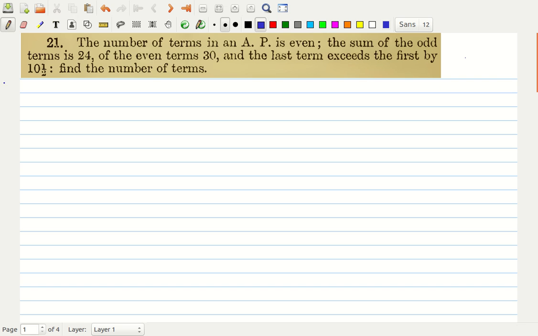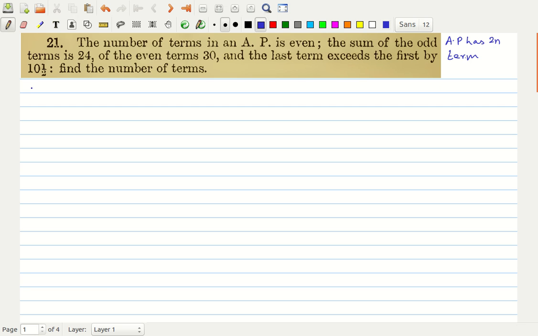Okay, so let us say that the AP has 2n terms. This is the number of terms, 2n, because it is even. It is given that the number of terms in an AP is even, so 2n will always be even. So what will our AP look like?